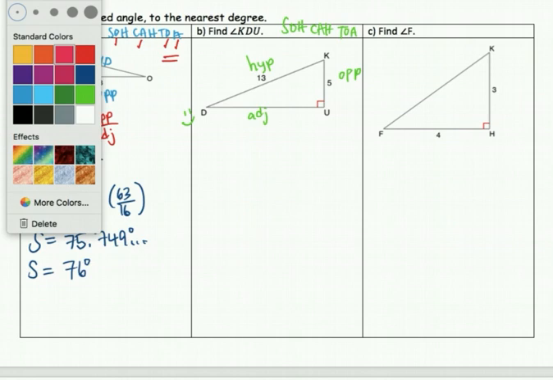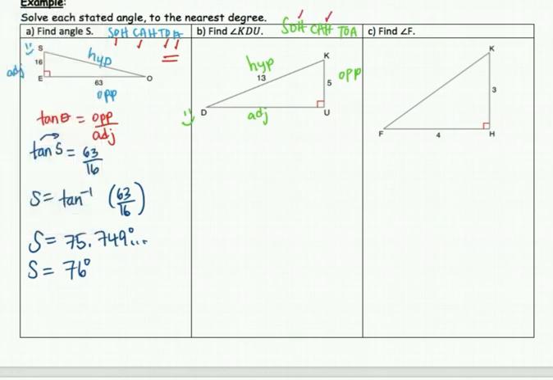But if the checklist thing works for you, use it. So I'm looking in here and I'm like, okay, I've got the hypotenuse, and I don't have adjacent, but I do have the opposite. So the one I need to use here is the sine equation, which is opposite over hypotenuse.